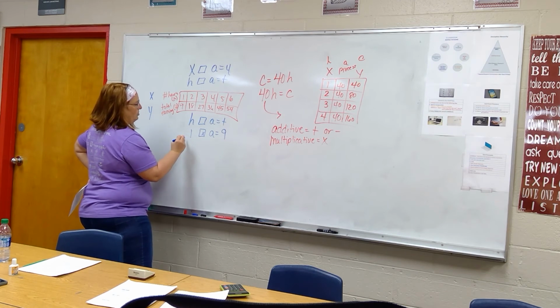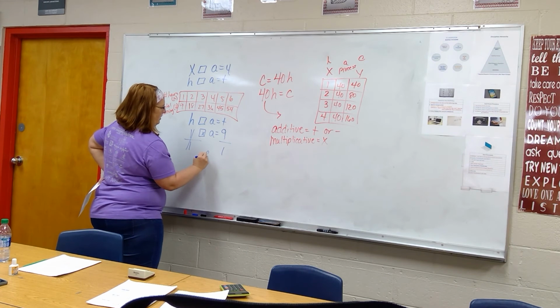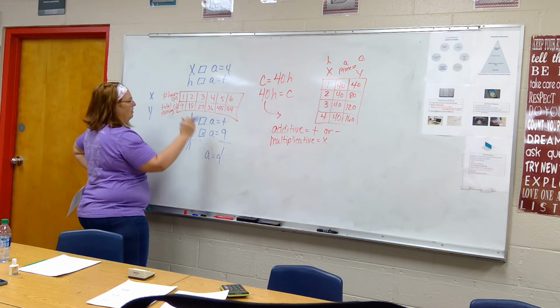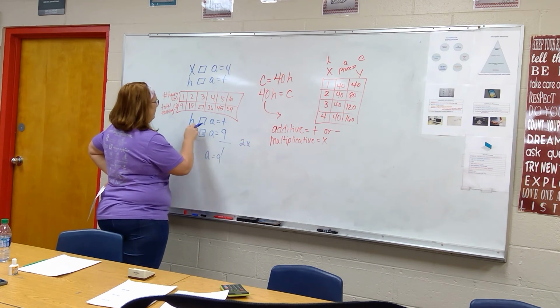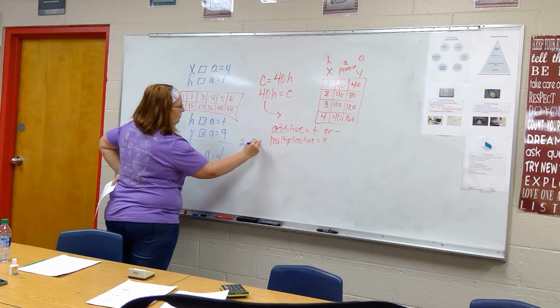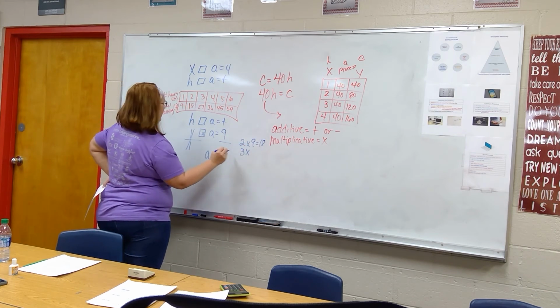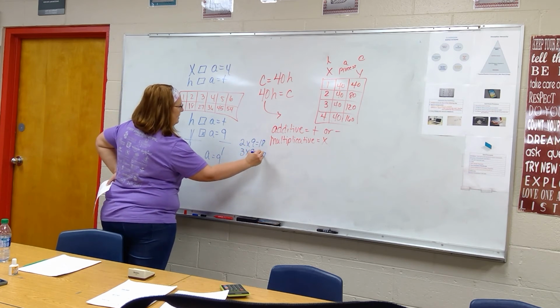So inverse operation of times is divide each side by 1. 1 divided by 1 is 1. Bring down my A. 9 divided by 1 is 9. So let's plug it in now. H is 2. My operation was times. A was 9 equals 18. That works. Try the next one. 3 is my next H. My operation was times 9 equals 27.